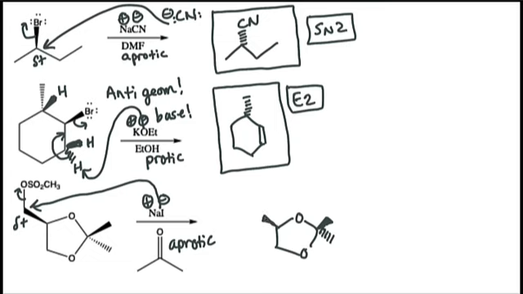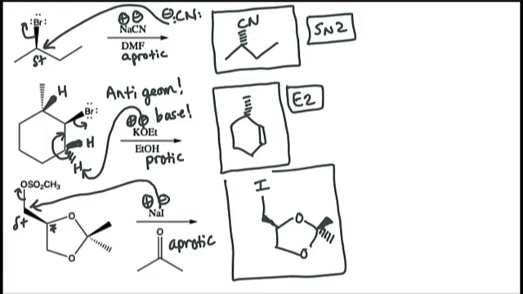We see a stereocenter here, and the chemistry did not happen at that stereocenter. So that stereocenter remains the same, and the group that's now coming off of here is iodine. We kicked out the good leaving group, the mesylate. And this is my major organic product, and it happened via SN2 reactivity.